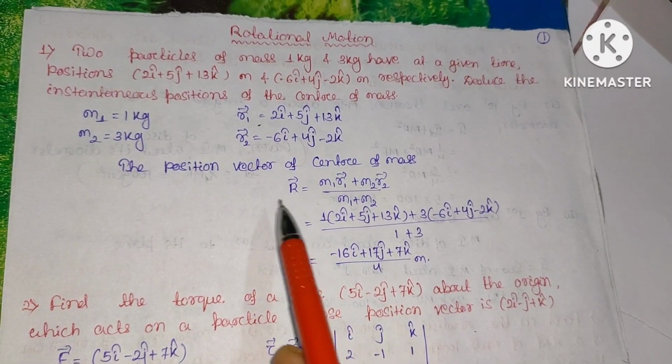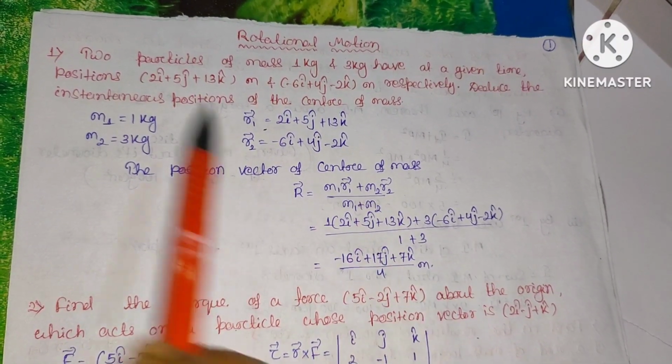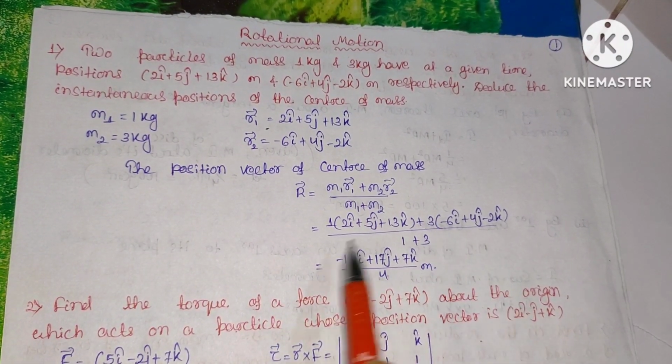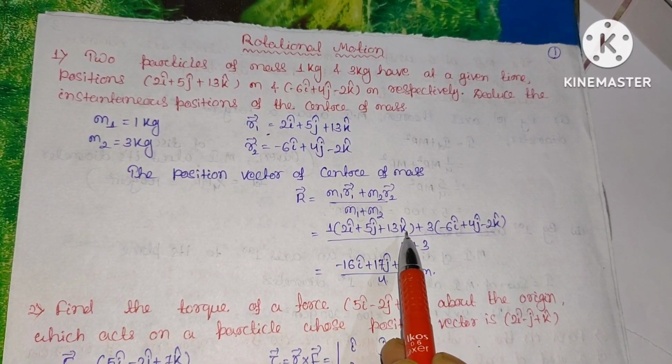The position vector of the center of mass, as we have discussed earlier in the previous video, is m1r1 plus m2r2 divided by m1 plus m2. Simply by putting in all these values, 1 into this much will remain 2i cap plus 5j cap plus 13k cap.